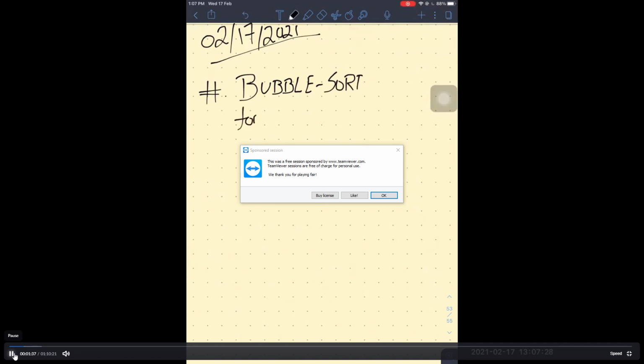So the bubble sort algorithm is: for i equals 1 to n, we have another for j equals n down to i plus 1, and then if a[j] is less than a[j minus 1], then exchange a[j] with a[j minus 1].